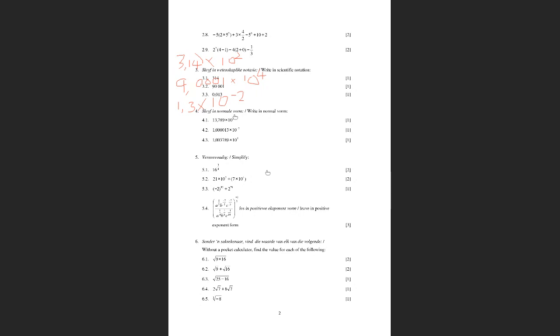So the first one, it is times 10 to the power 2. So the decimal will move 1, 2 times. So the first one will be 13,7, 8, 9.